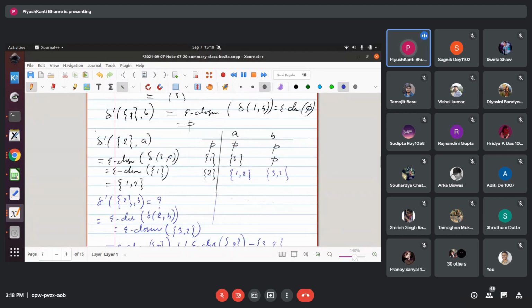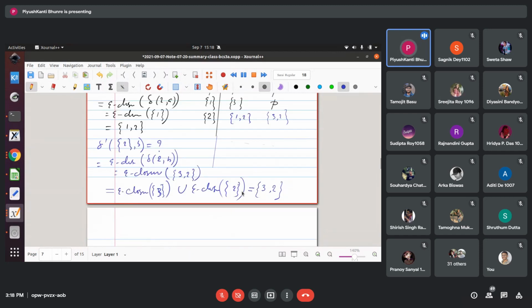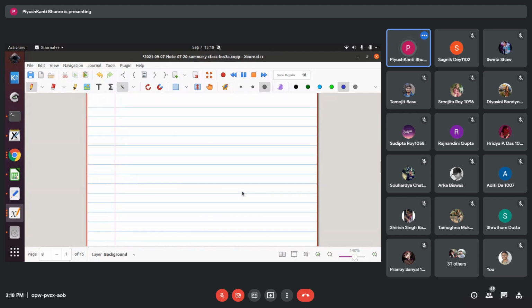Once you have completed the list for all states and for all inputs, you have to know what the transition going on is. After you have done it, you can draw the final diagram.